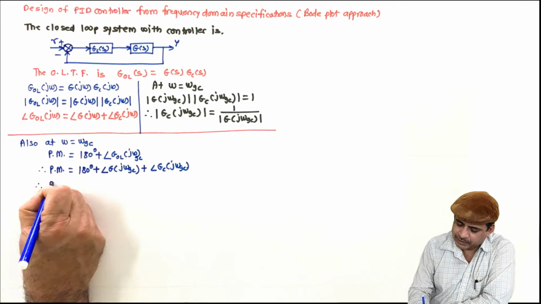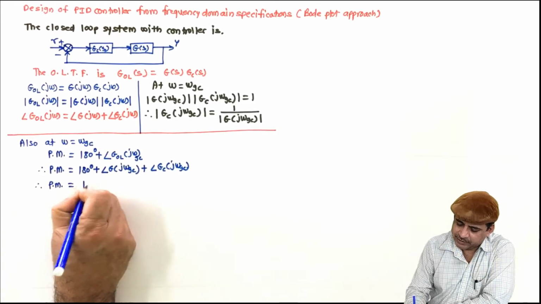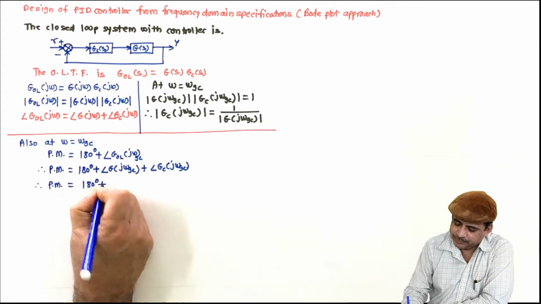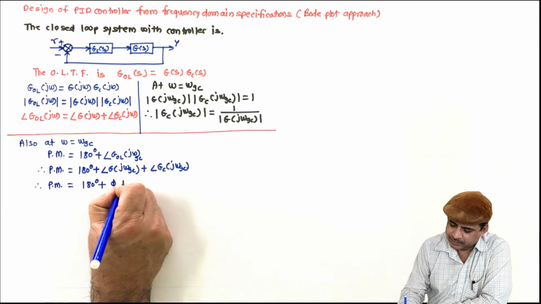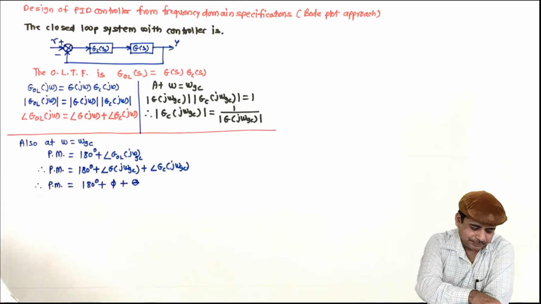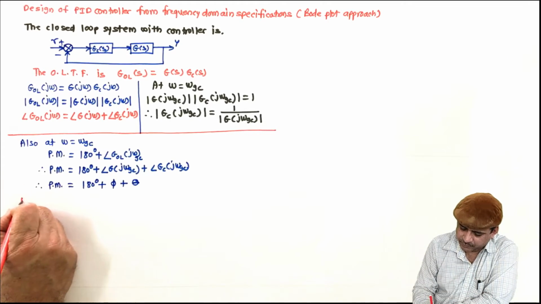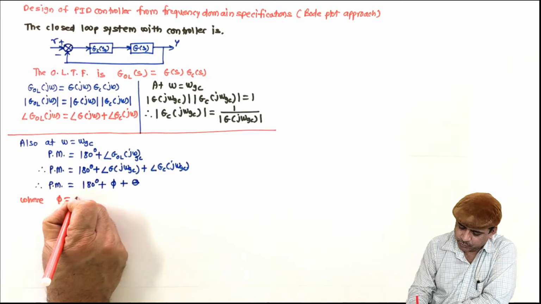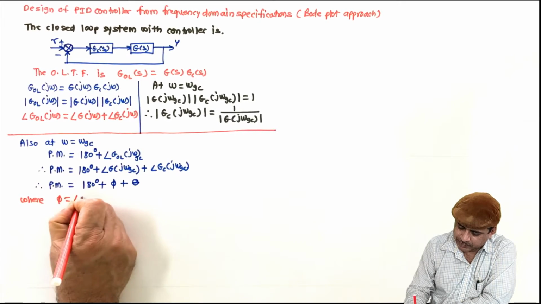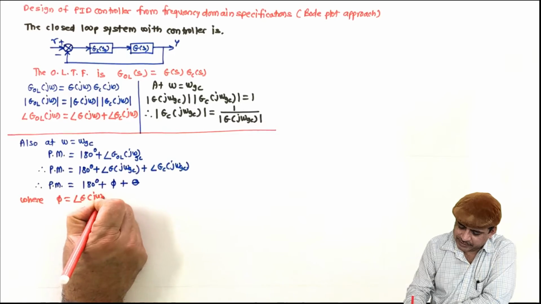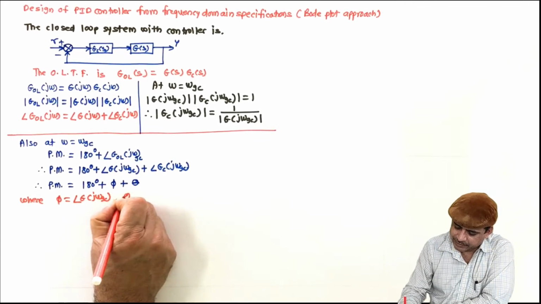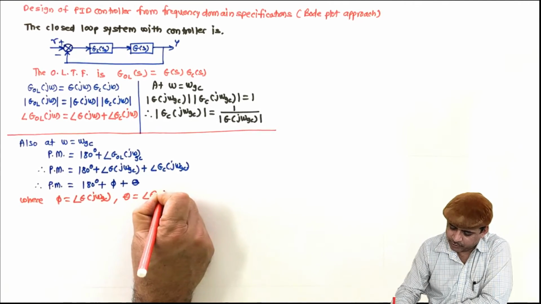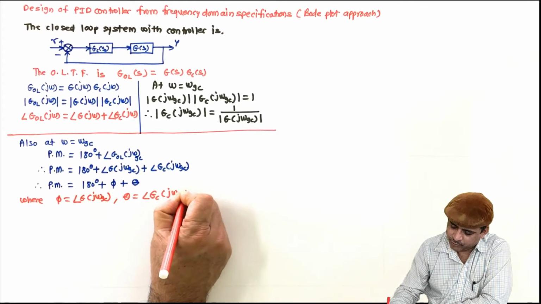And so what I will write here, phase margin is equal to 180 degree plus phi plus theta, where phi is equal to angle of G of j omega GC and theta is equal to angle of controller at omega equal to omega GC.